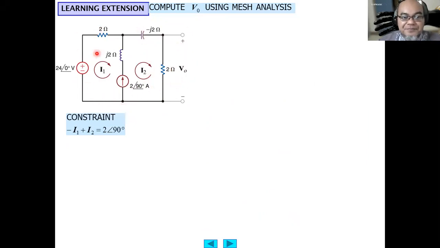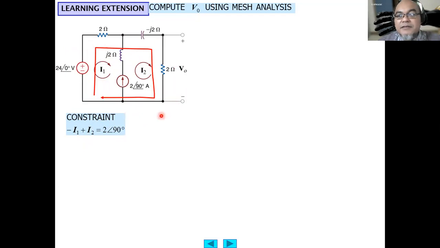So we draw the two mesh currents, I1 and I2. The constraint here then, this current equals I2 minus I1, from these two mesh currents.